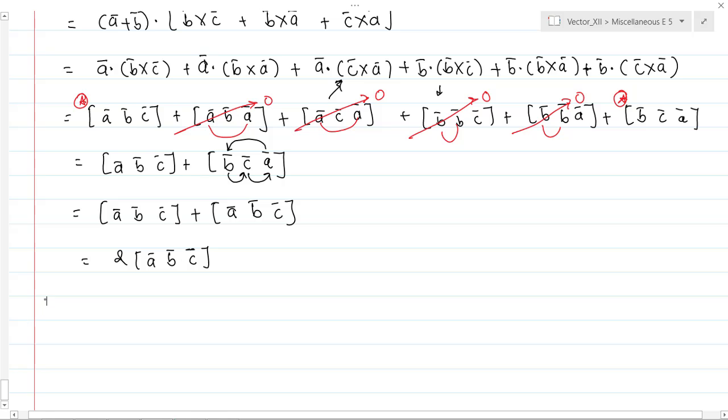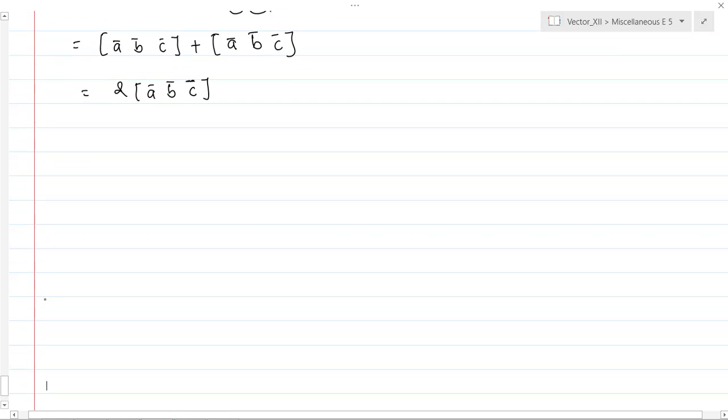Question number 27. So it is like this. Let's have the statement. 27. If a bar is equal to 2i, 3j minus k, b bar is equal to 4i 2j 3k, and c bar is equal to 2i minus 5j plus 9k.